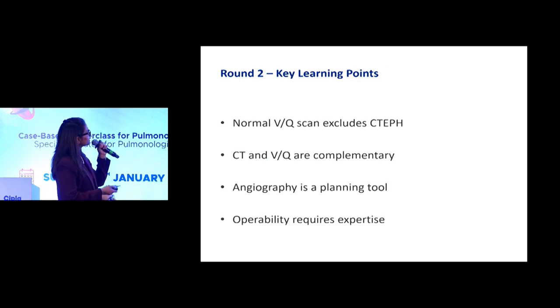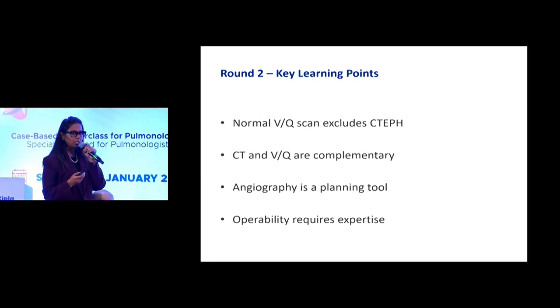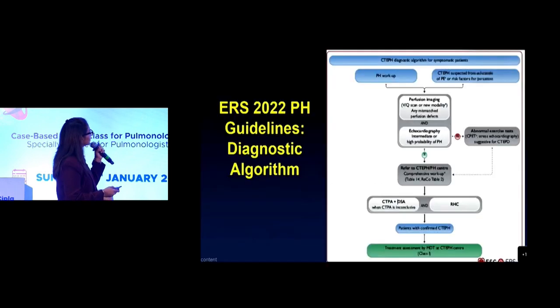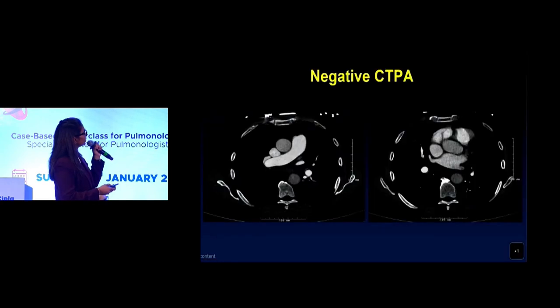So whatever we have learned so far is that a normal VQ scan excludes CTEPH. A CT and a VQ are complementary to each other. Angiography is a planning tool. It helps in the operability assessment and before BPA planning. Operability definitely requires expertise like Dr. Neeraj Kamath. This is the diagnostic algorithm, and I was talking about the CPET indication, which you can refer to.